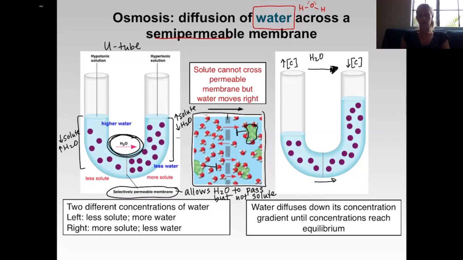So water is diffusing down its concentration gradient until equilibrium is reached. Solutes cannot move. Okay, so this, for example, is time point, let's say 0, right? We just set it up this way, and this is at a later time point, right? Some later time point. All right.